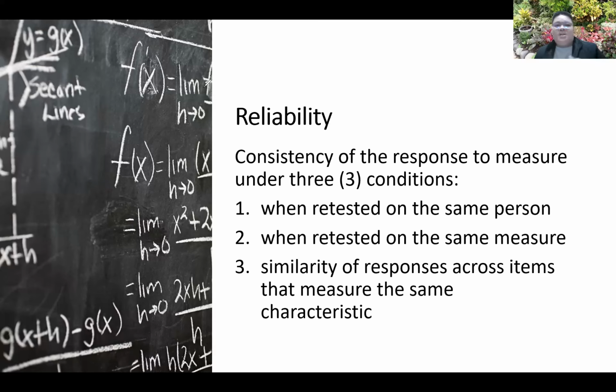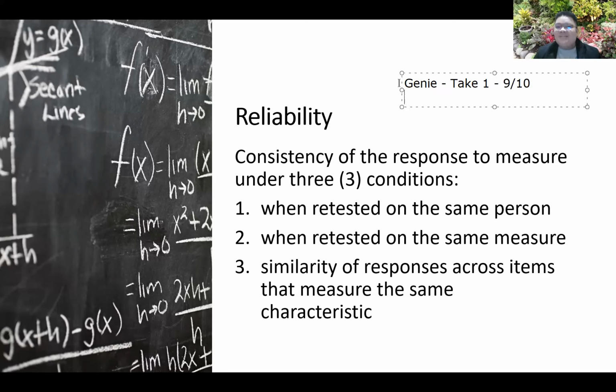Now let's try to explain that further. For example, I made a 10-item exam in science. How would I be able to say that that exam is reliable? If, for example, Jenny took the exam for the first time, the take one, and Jenny got a score of 9 out of 10.